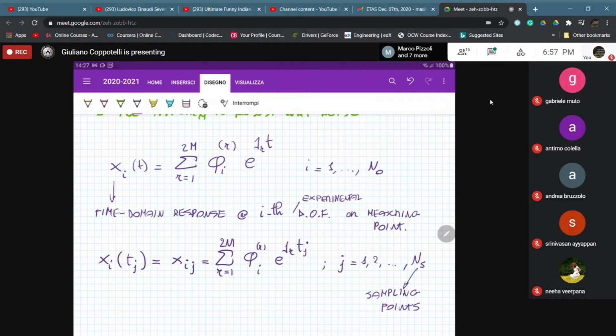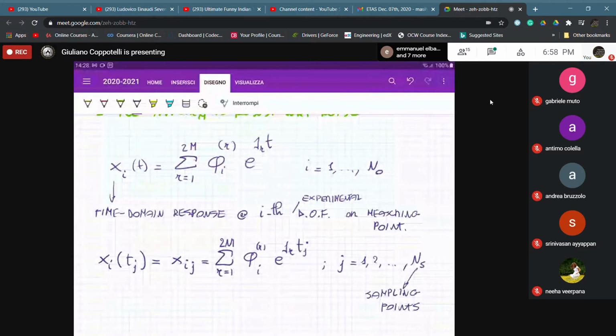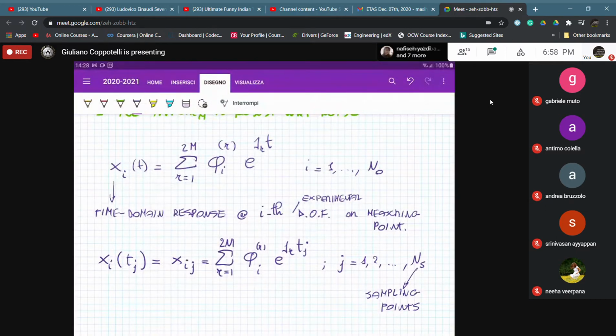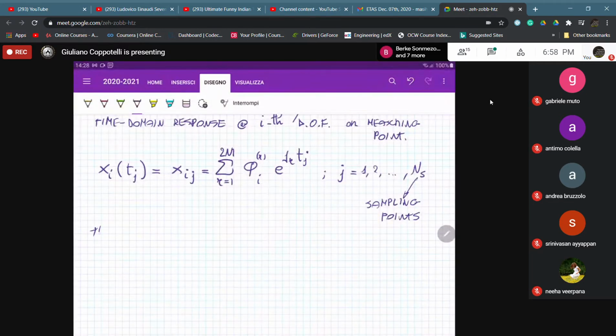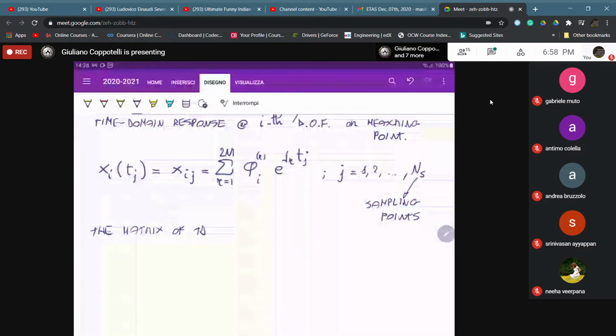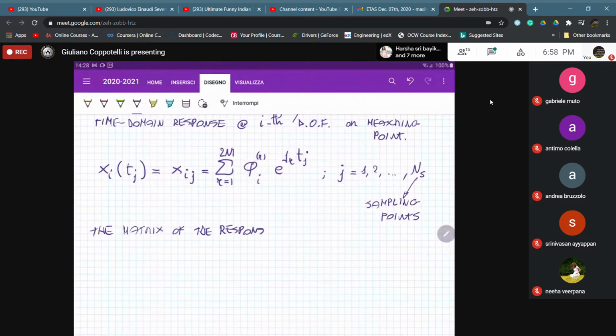Now what we can say is: why don't we build a matrix of these free responses of your system, where the x_ij could be considered as elements of your response matrix. So I can build the matrix of the responses as this matrix.